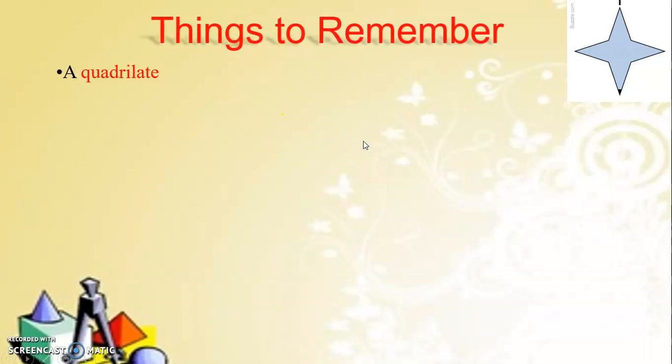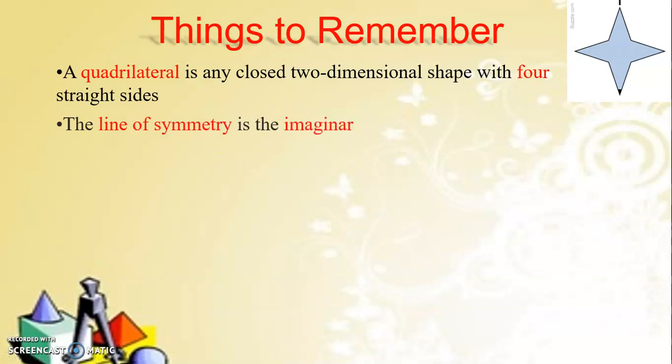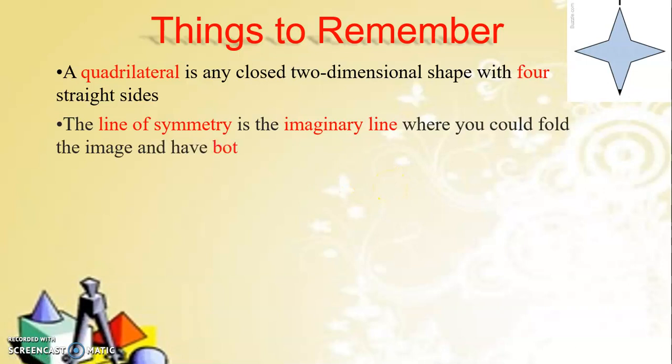So, there are things that you need to remember in this lesson. First, a quadrilateral is any closed two-dimensional shape with 4 straight sides, while the line of symmetry is the imaginary line where you could fold the image and have both halves match exactly.